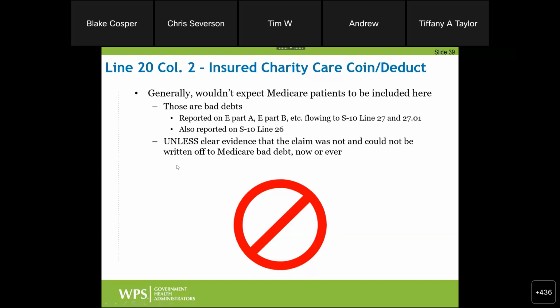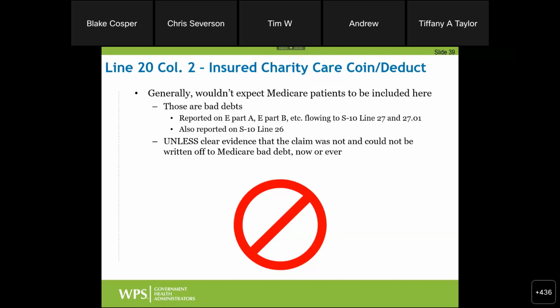So what we would expect to see is some reasoning. Why did you not record it as Medicare bad debt? Why can't you report it as Medicare bad debt? And generally the reason would be you didn't meet one of the requirements for Medicare bad debt, or maybe you cannot bill the Medicaid agency to get the must bill policy.